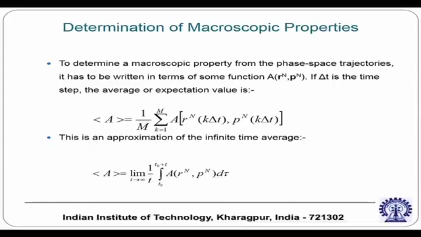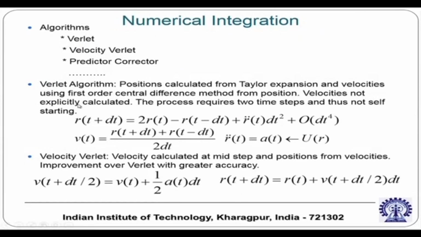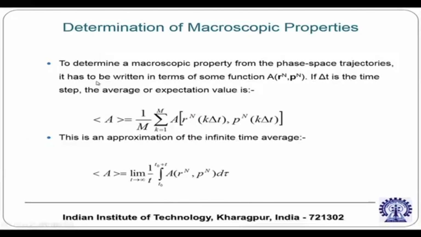The phase space will typically have the position, the velocity versus position or momentum versus position space. So you can see that it is a function of the position and momentum, or you can write it as position and velocity.